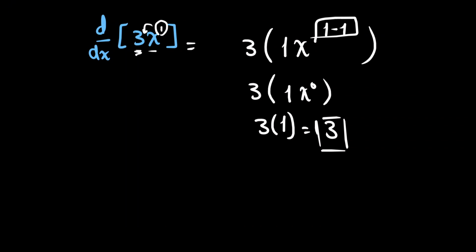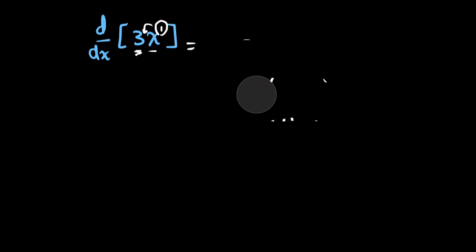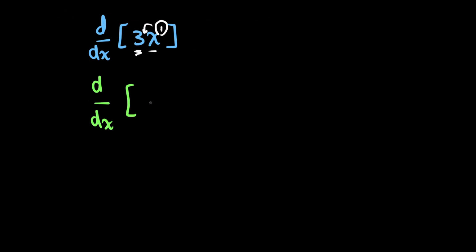Let's see one more example. What about the derivative for 4x raised to the power of 2? There is a coefficient here. We're just going to keep it, open some brackets, and do the same thing we're always doing.